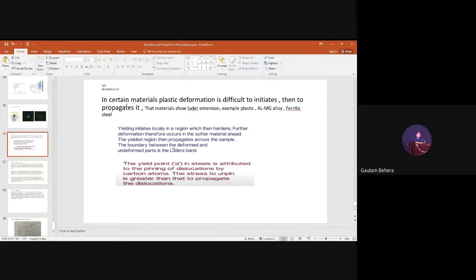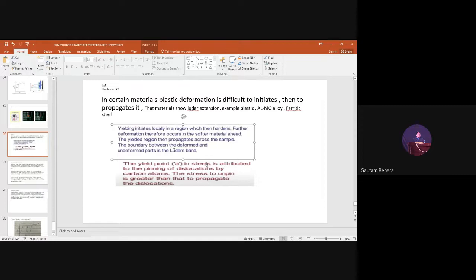So I have written here, in certain materials, plastic deformation is difficult to initiate, but once it initiates, it will propagate easily. Right? So yielding initiates locally in a region which then hardens. Further deformation therefore occurs in a softer material ahead of this. The yield region propagates across the sample, and the boundary between the deformed and undeformed part is the Lüders band. Right?